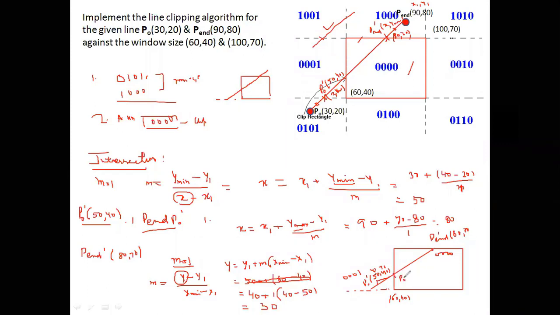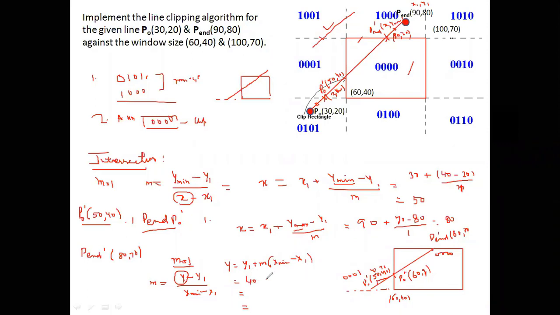P naught double dash will be, we know the x min value and we are going to calculate the y value from here. Y1 is 40, sorry.